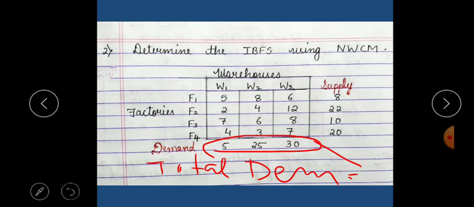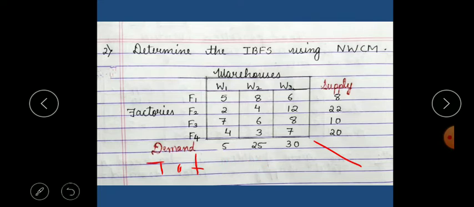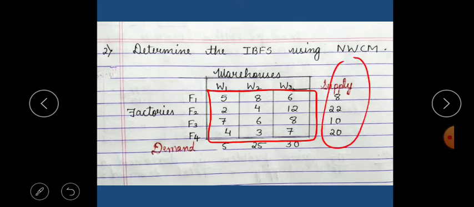So now total supply is equal to total demand, and hence we can continue with our allocation. As we have seen in the northwest corner method, you have to look at the cost matrix only. You should not look at the supply and the demand part.